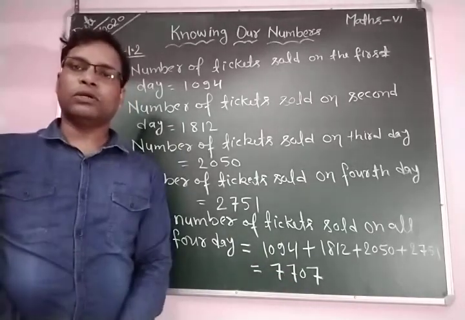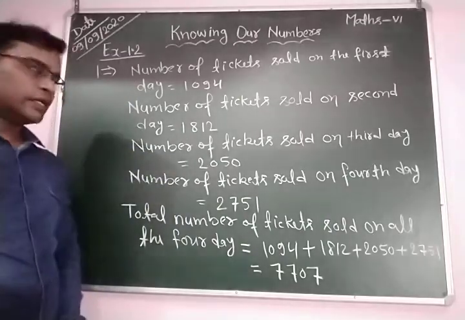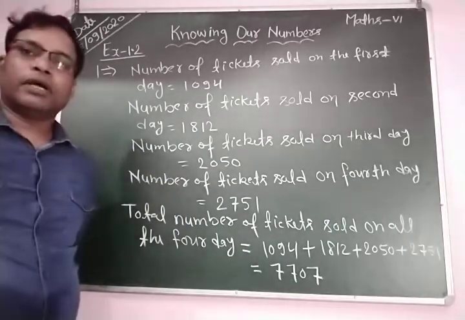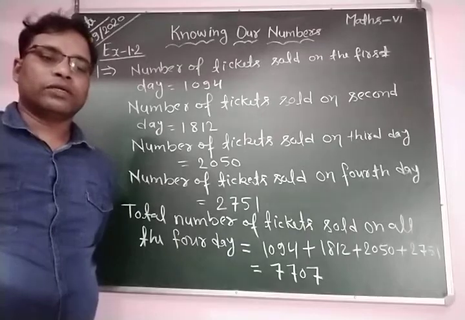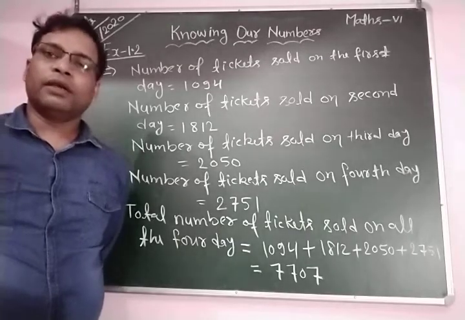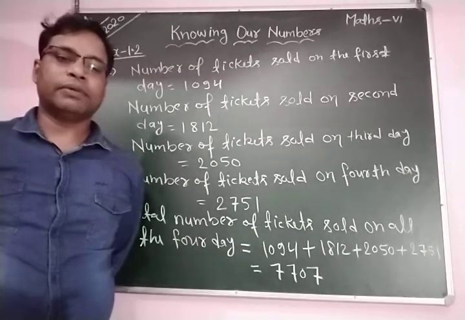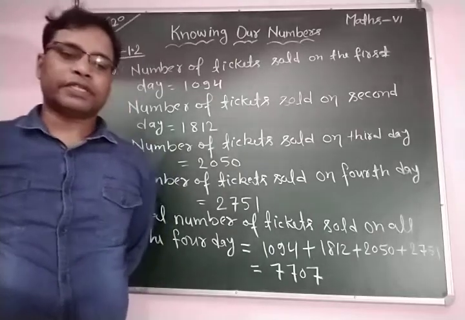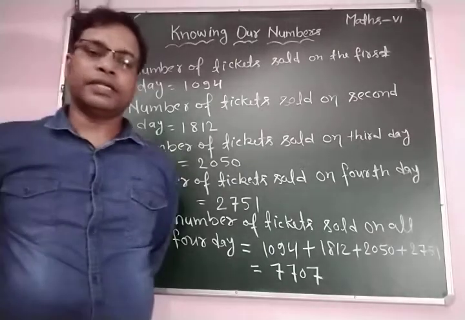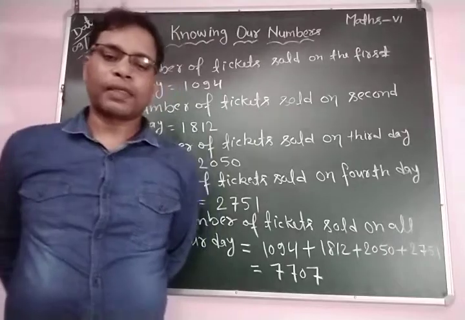So student, I hope all of you understood how to find the total number of tickets sold in all 4 days. In this question, it is given that a book exhibition was held for 4 days in a school.